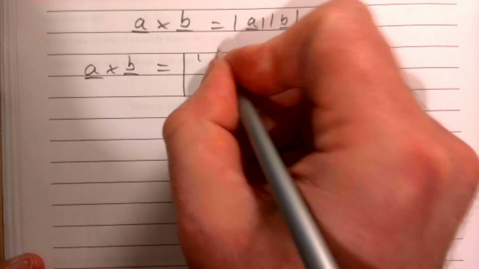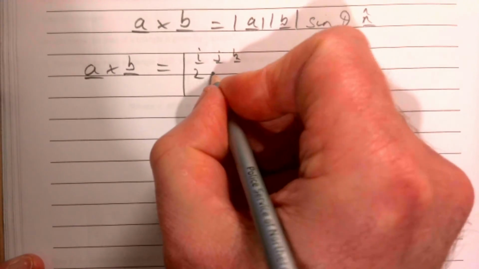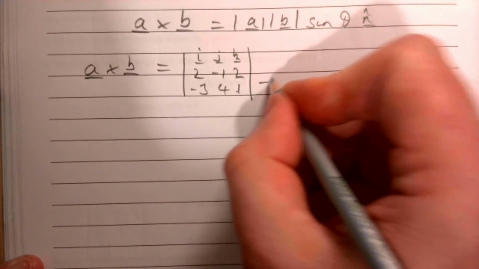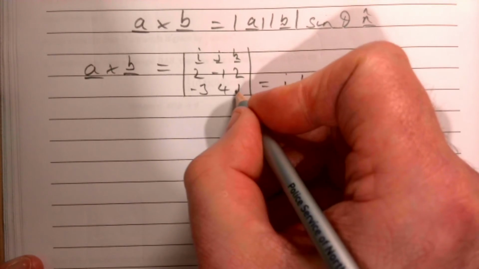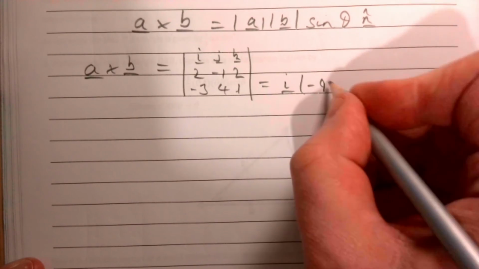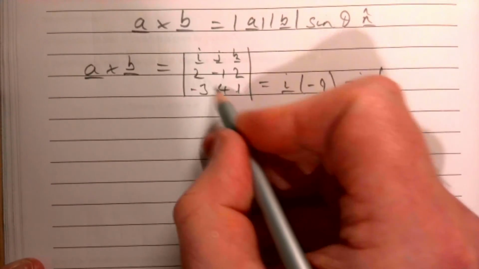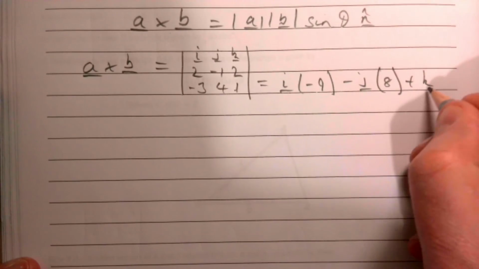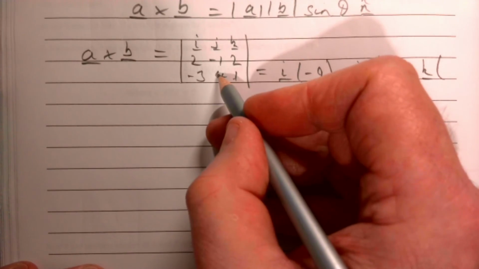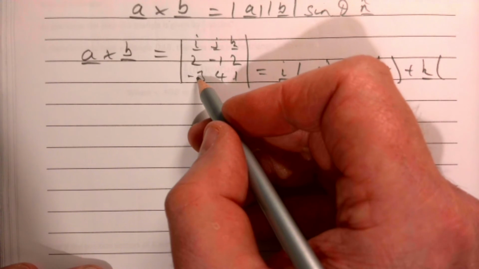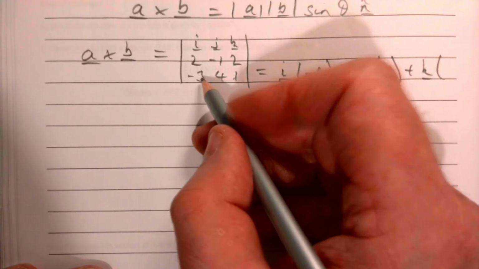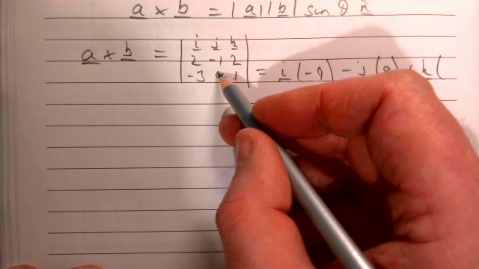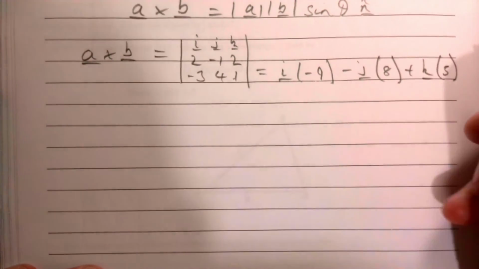i, j, k, and 2, minus 1, 2, minus 3, 4, 1, and that's going to be i(minus 1 minus 8), so I guess minus 9, minus j(2 minus 6), that's 8, plus k, it is 8, take away 3, sorry, so that's 5, that's alright.